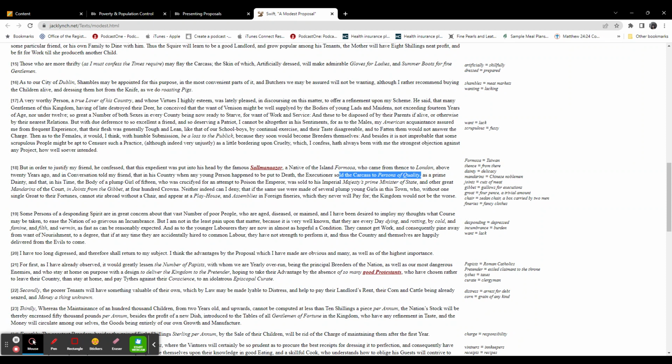In his time the body of a plump girl of 15, who was crucified for an attempt to poison the emperor, was sold to his imperial majesty's prime minister of state and other great mandarins of the court in joints from the gibbet at 400 pounds.